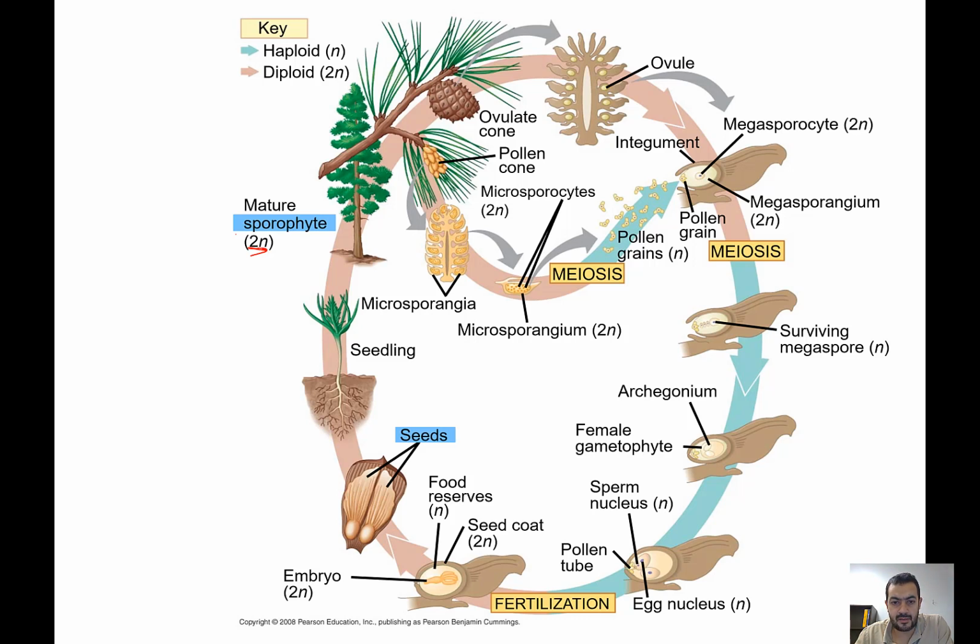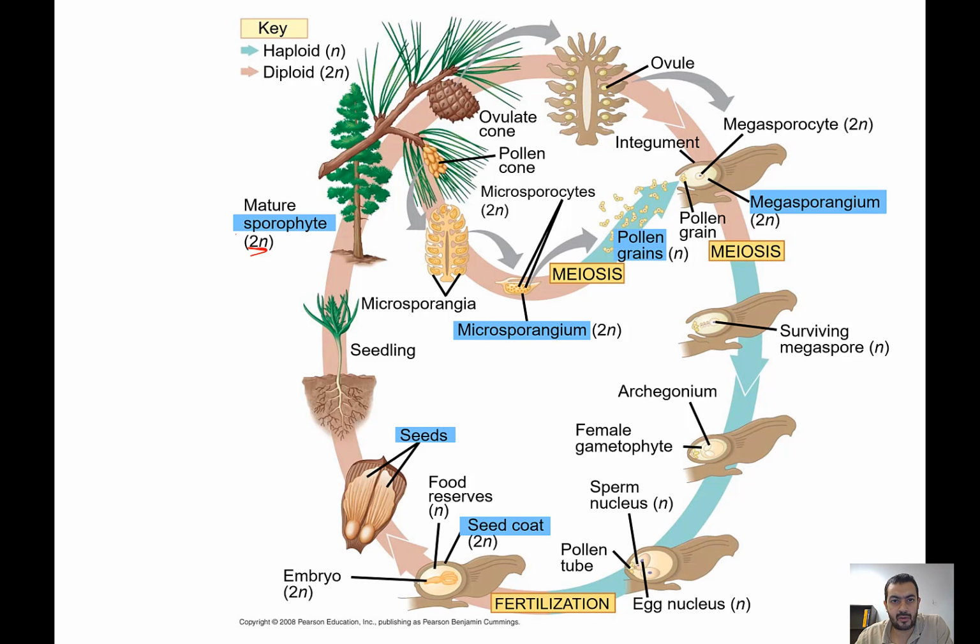So this seed also has a seed coat, and we have the heterospority. So we have microsporangium and megasporangium, and lastly we have the pollen grains. So these are the general features of seed plants, including the gymnosperms.